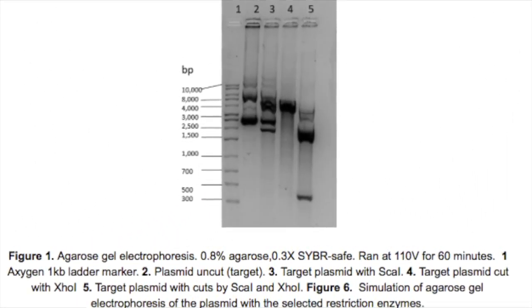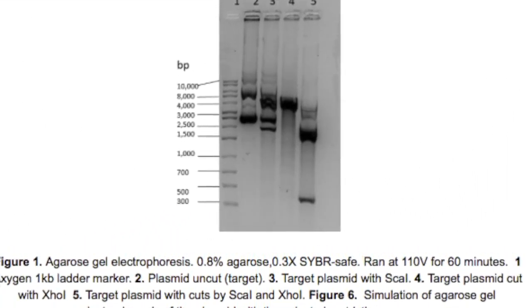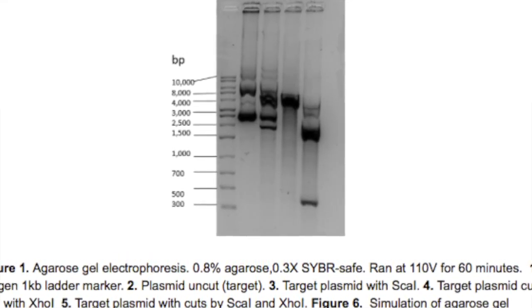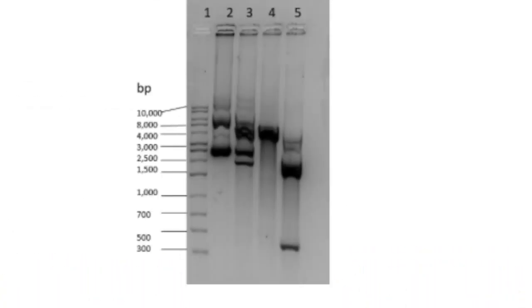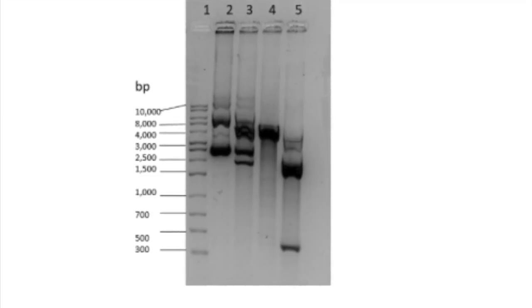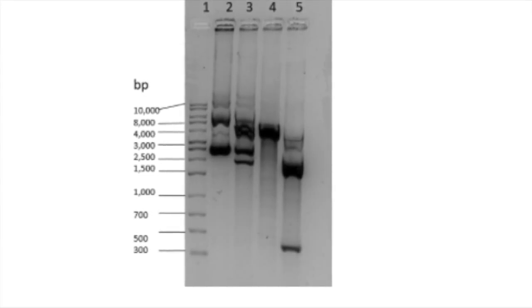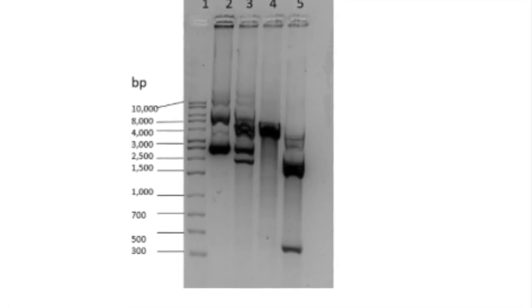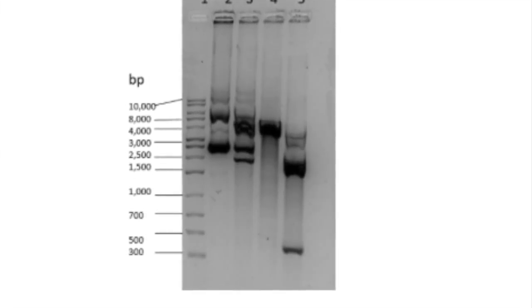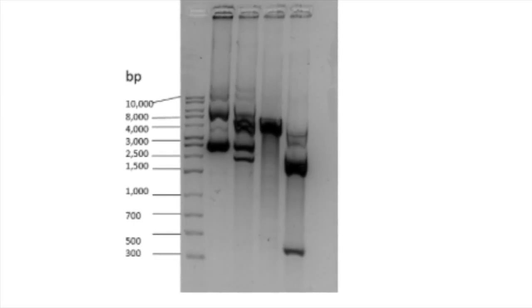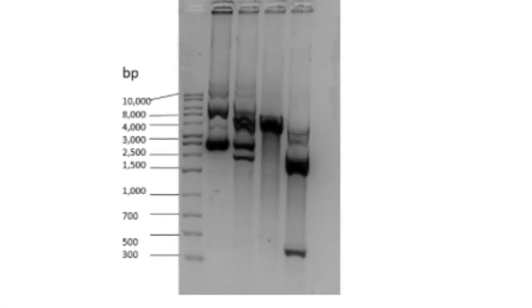Once the electrophoresis was run, the following patterns were obtained. In the first lane, we can see that the marker was loaded correctly. In the second lane, there are different defined bands that may represent the isoforms of the plasmid.